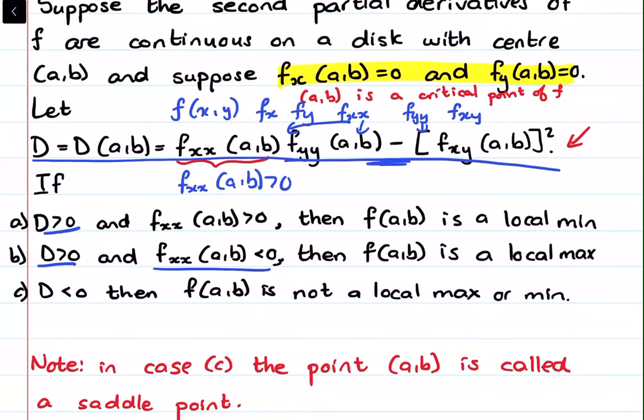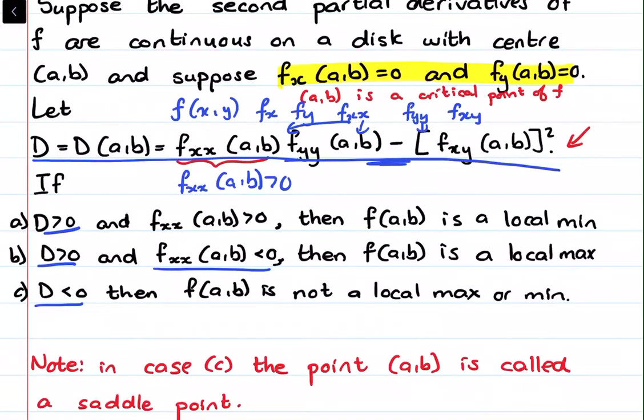Right. And then if you calculate this value and you get that D is negative, then f is not a local minimum or a local maximum. And what I have written in red is that at that point, it is called a saddle point. So a saddle is usually what is put on the horse.